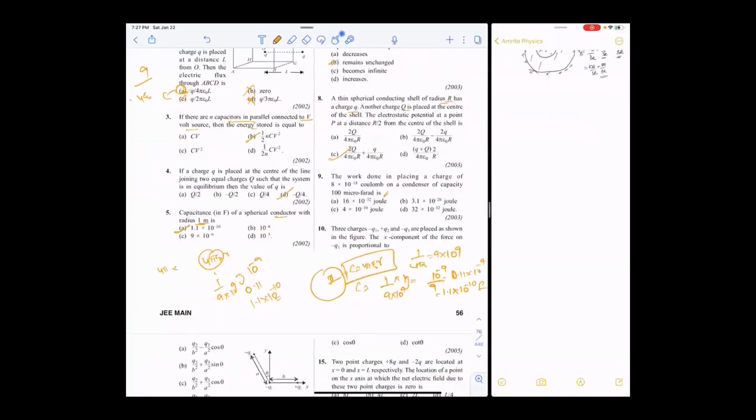Q is equal to CV, so V is Q by C. This is the potential into charge, half Q square by C. Question number 9: the energy is half Q square by C. The charge is given, the capacitance is given, just substitute in the formula.